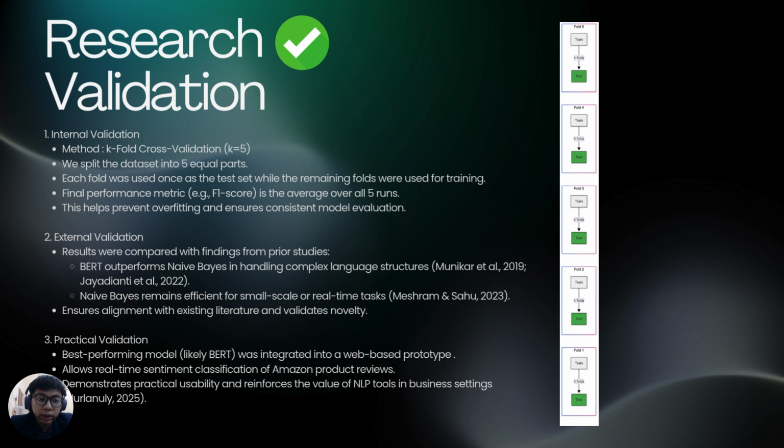And the third is practical validation. For practical validation, the best performing model, probably BERT, is integrated into a web-based prototype, allowing real-time sentiment classification of Amazon product reviews, and then demonstrating practical usability for a business case.